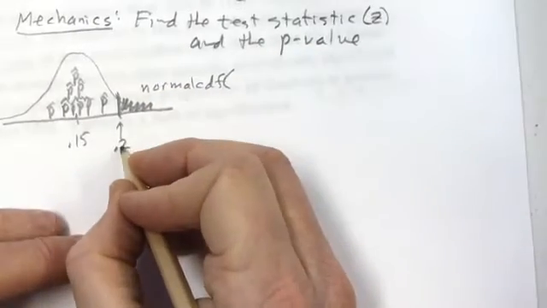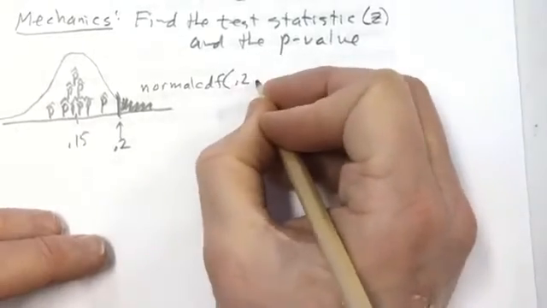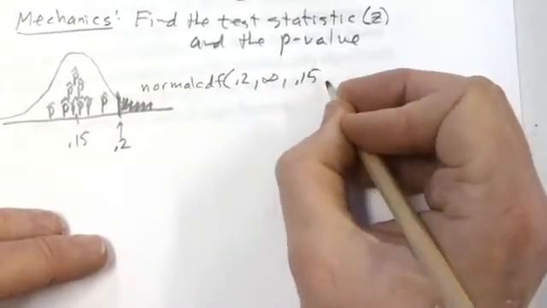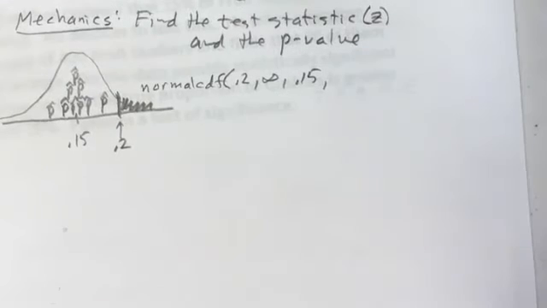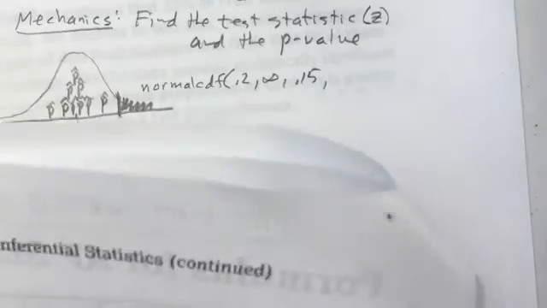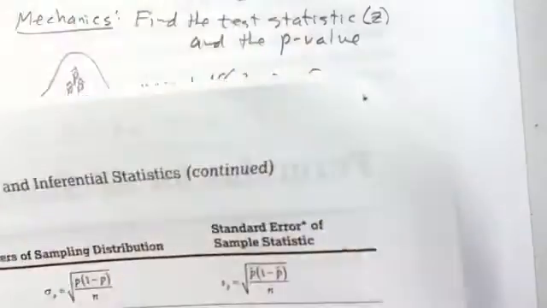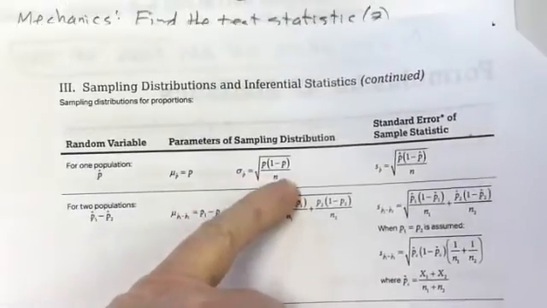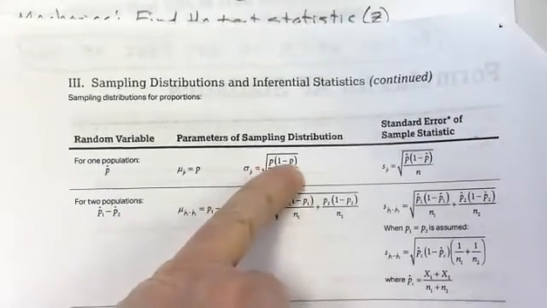My lower bound is 0.2 of my shaded area, my upper bound is infinity, and the mean is 0.15. And then for the standard deviation, let's go to our formula sheet. You may recall, it is going to be this guy right here, except we're going to use p naught in there.